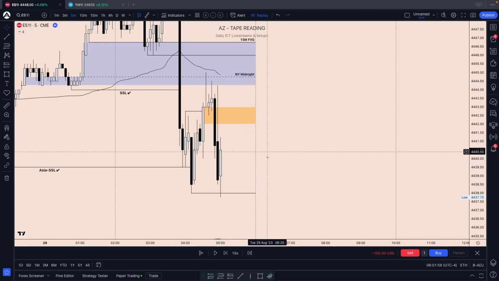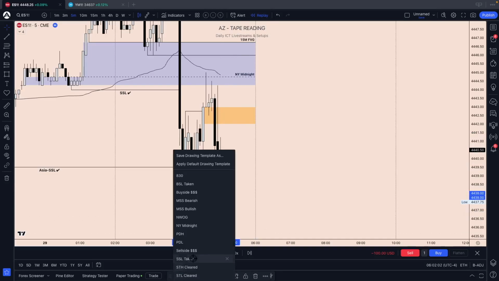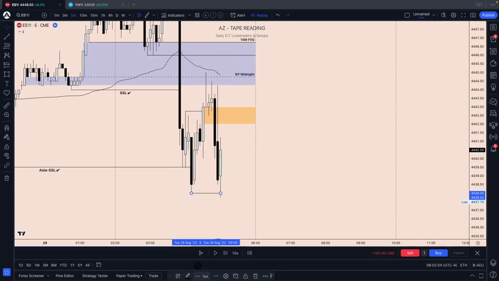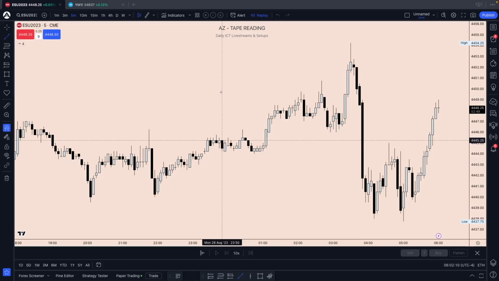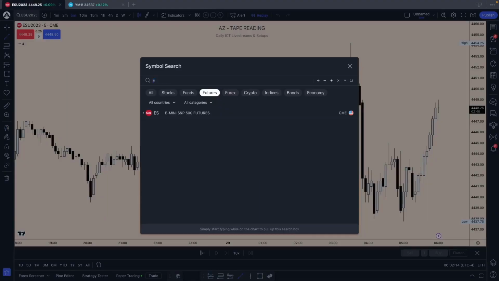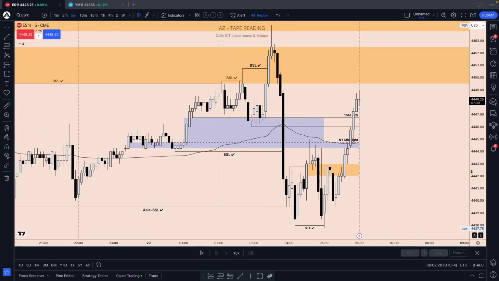Alright, so let's see what we are doing right now. We cleared a short-term low right here. Now obviously we have buys, sorry. Okay, we moved up quite aggressively.